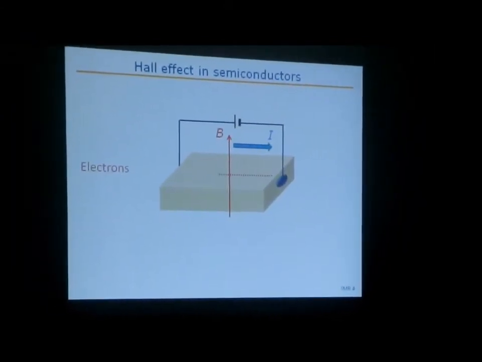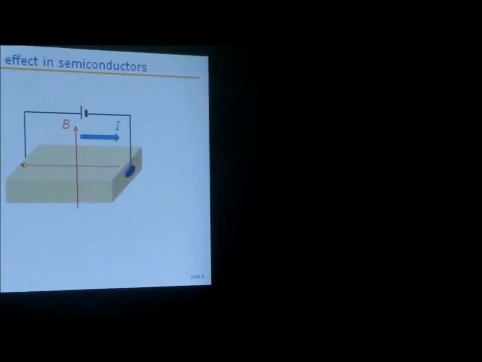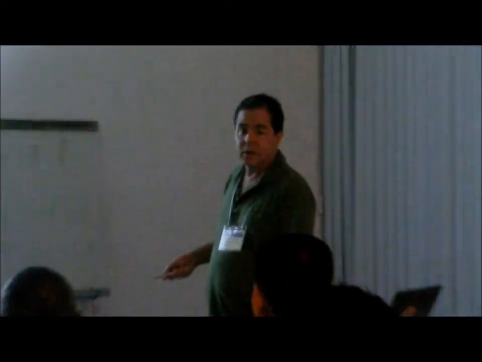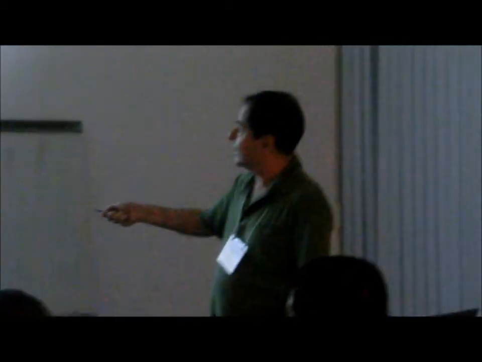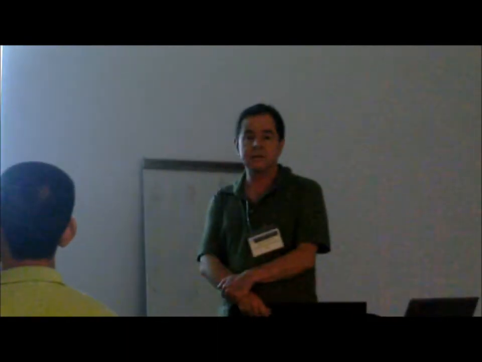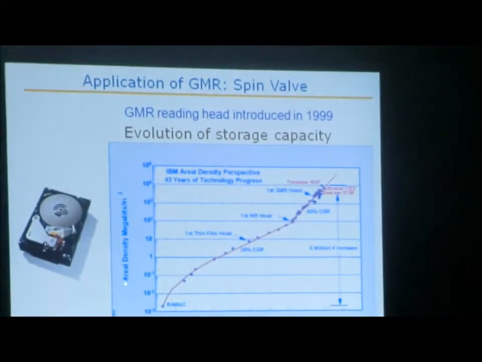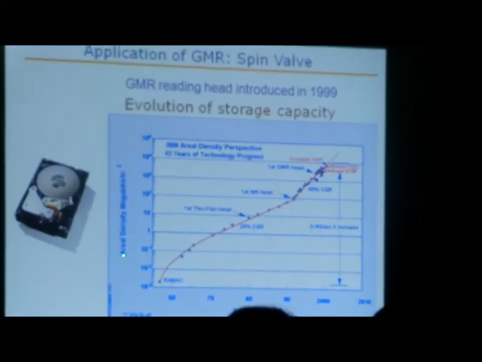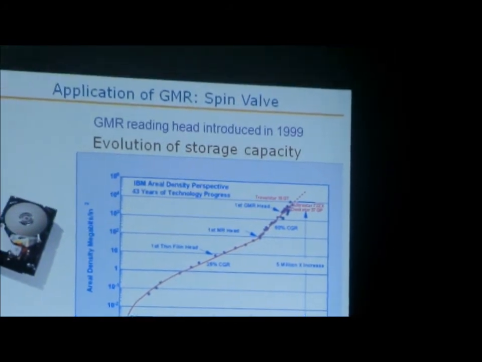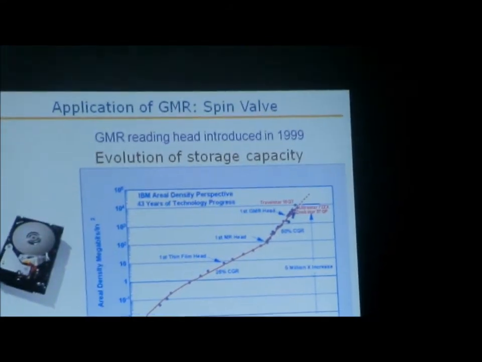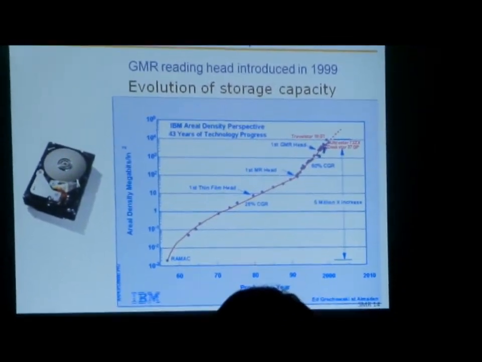In the Hall effect in a semiconductor, under the action of an electric field, electrons will be deflected. Giant magnetoresistance was important for keeping the capacity of hard disk drives increasing with time, as shown here by this already a little old information.